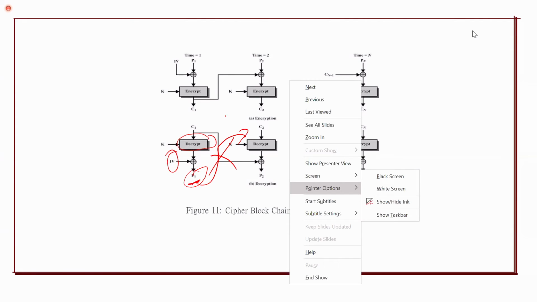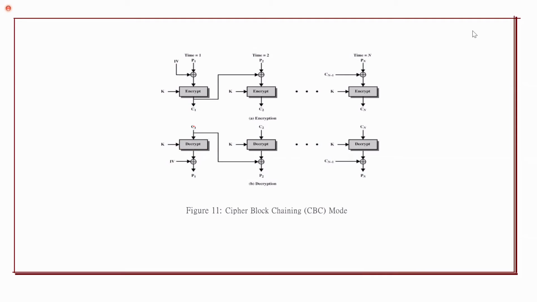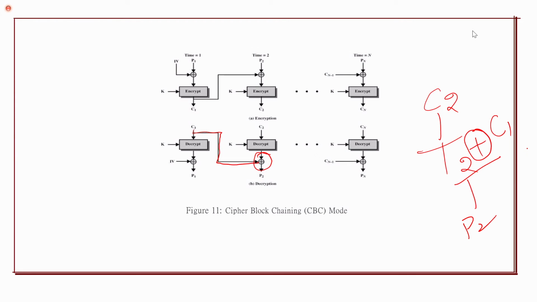If you observe the decryption, the ciphertext is used for the XOR operation after the decryption. From C2, some temporary text T2 is generated. This T2 performs the XOR operation with C1, and the result is the plaintext P2.